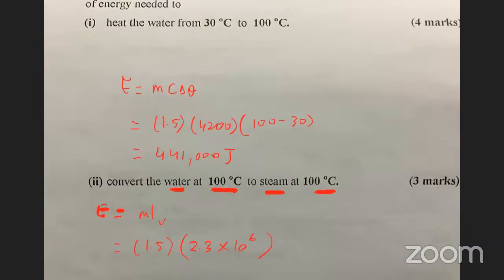That's the value I gave that you have there. So that's 1.5 by 2.3 by 10 to the power 6. I have 3.45 million joules, right? That's part 1 and 2.